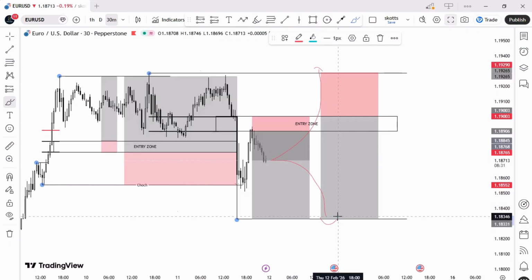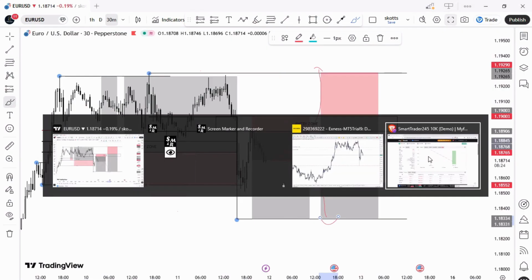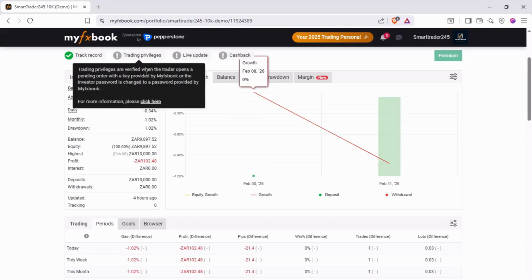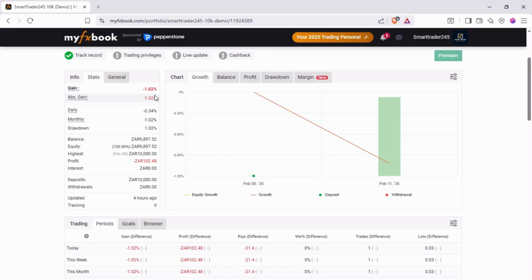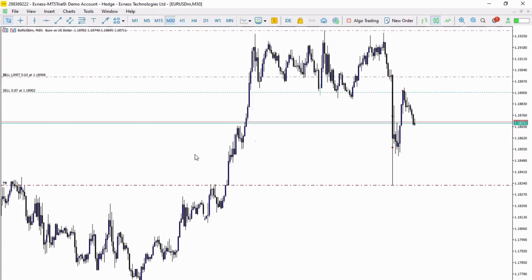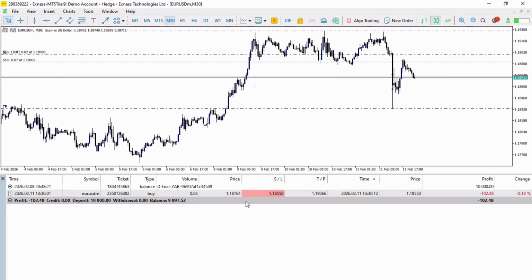With this 10,000 demo account, I'm currently sitting at, for those who don't know what this is, my FX book. It's just a reflection of your trading account. We are currently sitting at minus 1%, which is the trade that I lost, that first trade I was showing you. And with this trade that's currently running, let me see how much we're sitting on now.